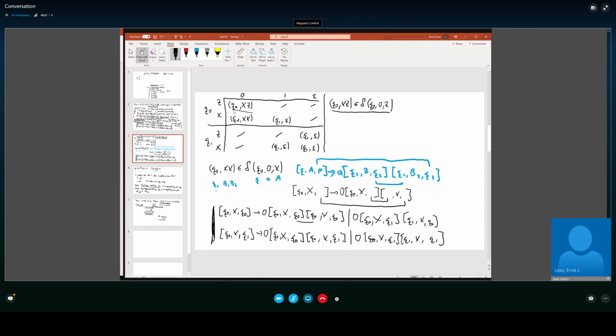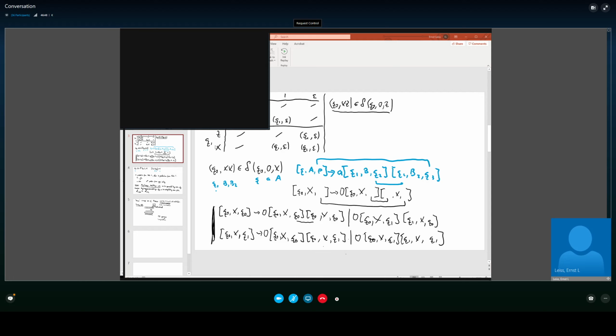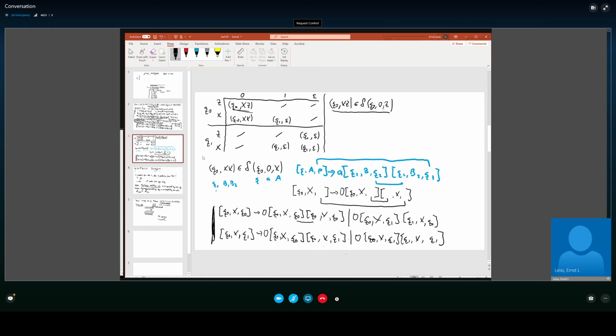So this is that. And then you just have to do that pattern matching. Does that sort of help you? I guess it doesn't. I don't hear anything.